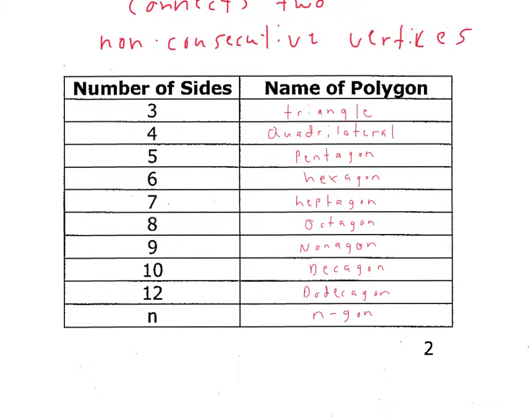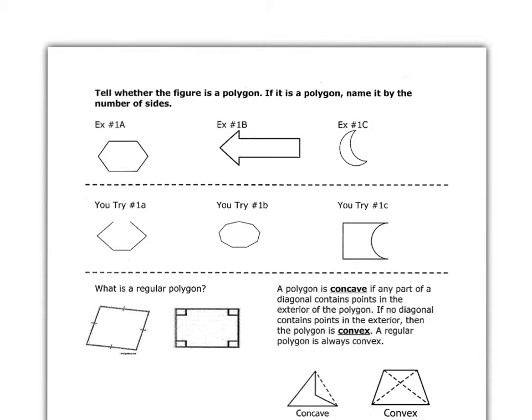Okay, a three-sided shape would be a triangle, 4 is quadrilateral, 5 pentagon, 6 hexagon, 7 heptagon, 8 octagon, 9 is nonagon, 10 decagon, 12 dodecagon, and n is called an n-gon. Okay, so go ahead and take a second, pause the video, and write all these down, and then we will continue on.